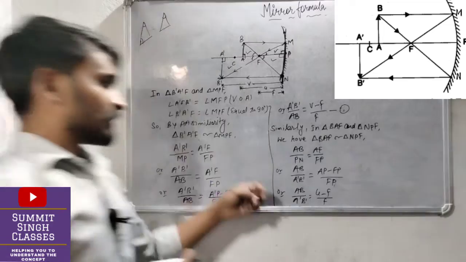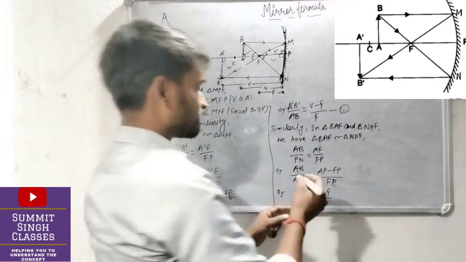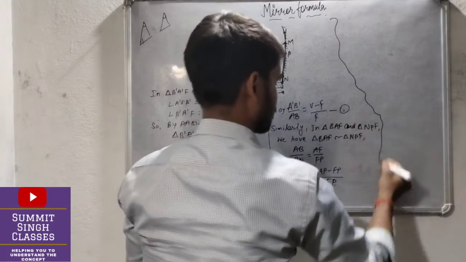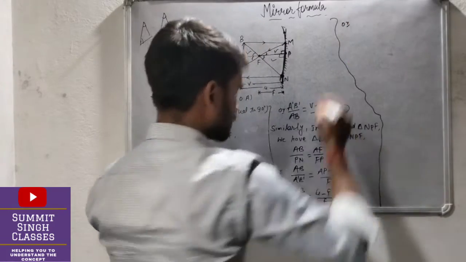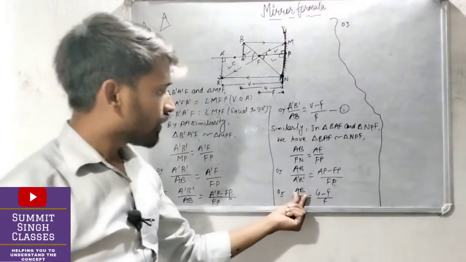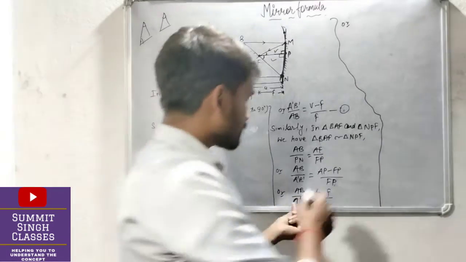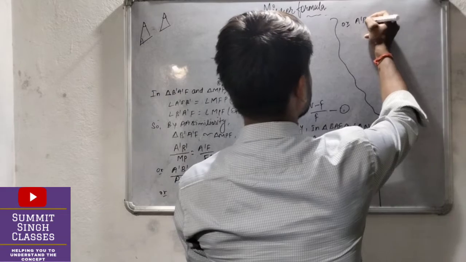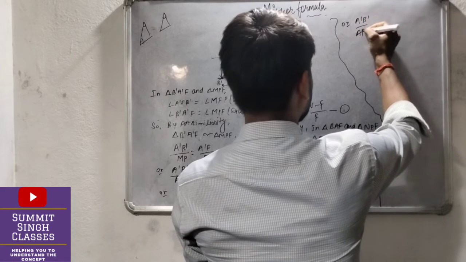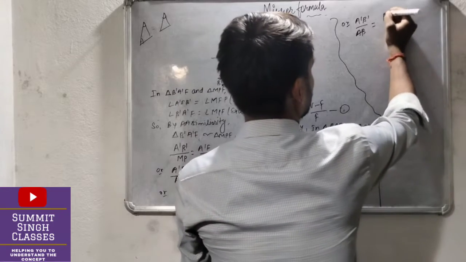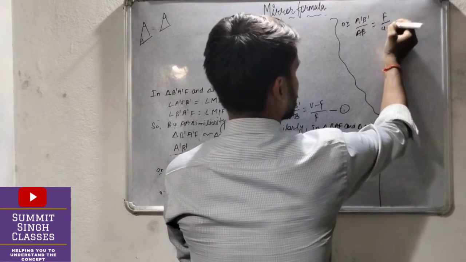If we invert it, then we can write A dash B dash by AB will be equal to f by u minus f.